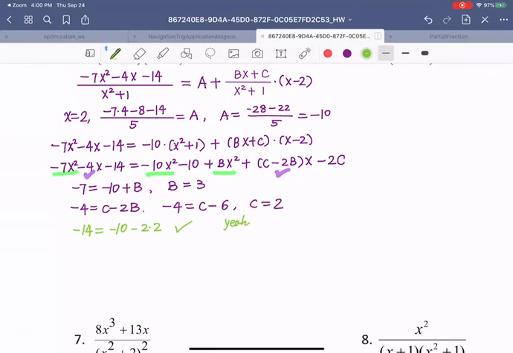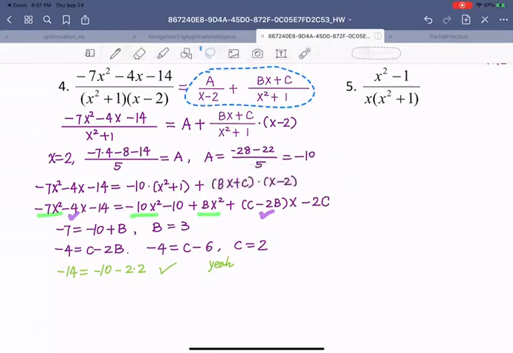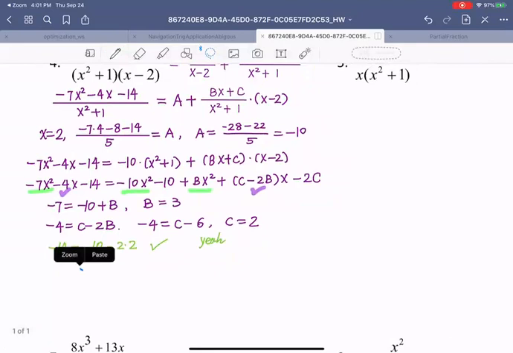Now, that means the result is, we can fill in our A value, B value, and C value, okay?